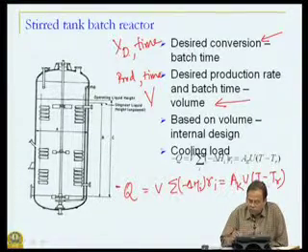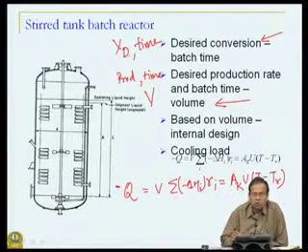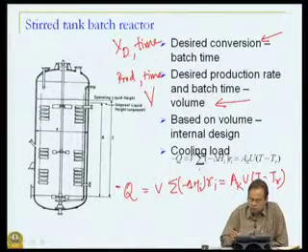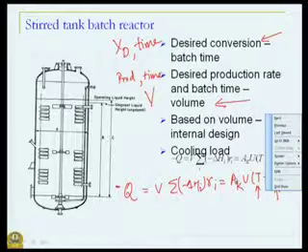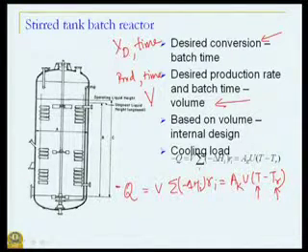And therefore, by knowing what temperature we want to operate this reactor at and what coolant we have, and deciding upon the heat transfer coefficient, we can find out how much area is required.